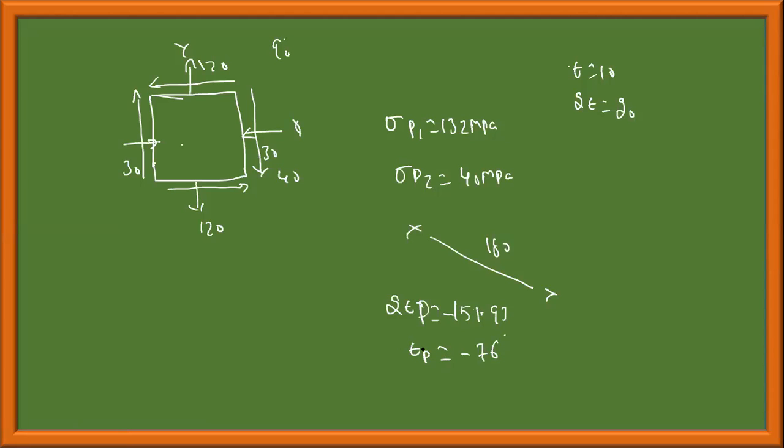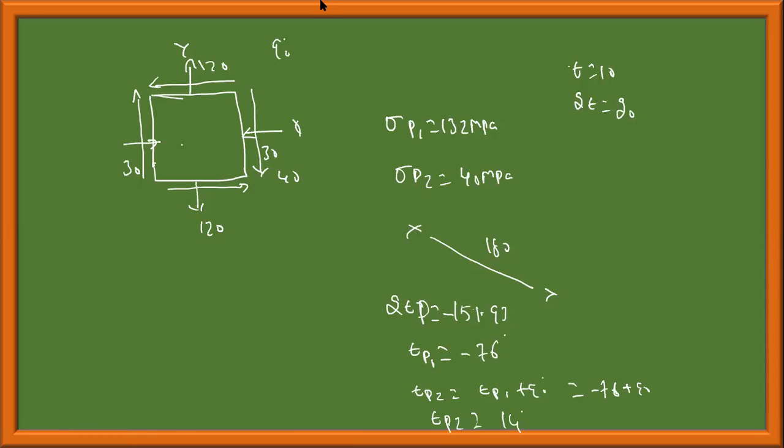Whatever you directly get, since I'm rotating towards the principal stress P1, this is theta P1. Theta P2 is equal to theta P1 plus 90 degrees, or minus 76 plus 90 degrees, which is equal to 14 degrees. Okay. The next problem we'll understand.